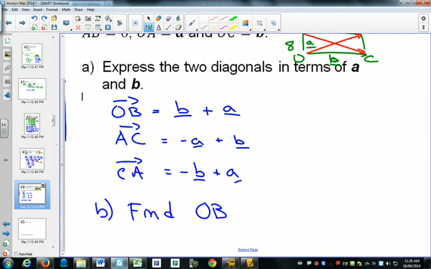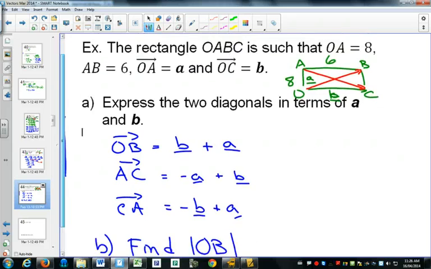On yours it says find OB and the length of it. So let's find the length of OB, right?